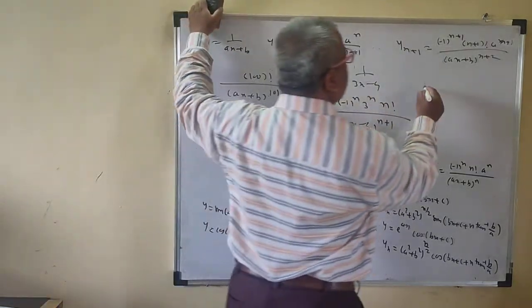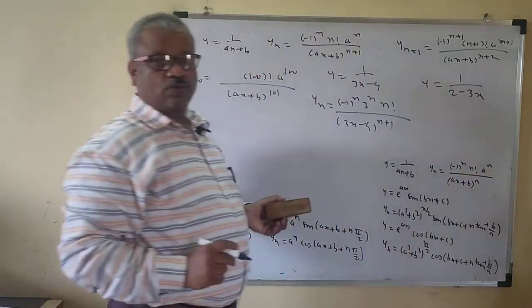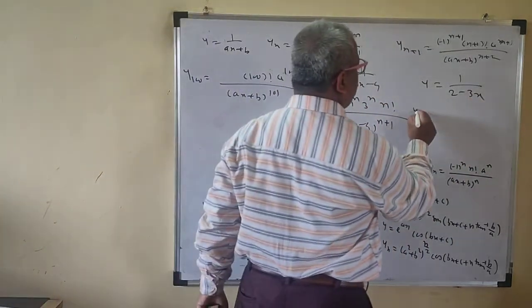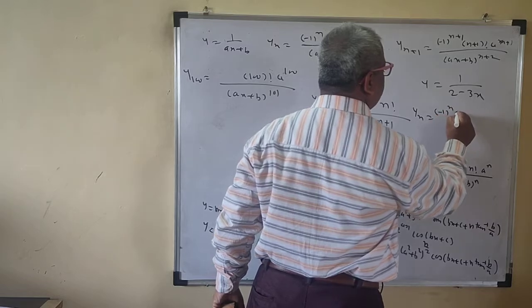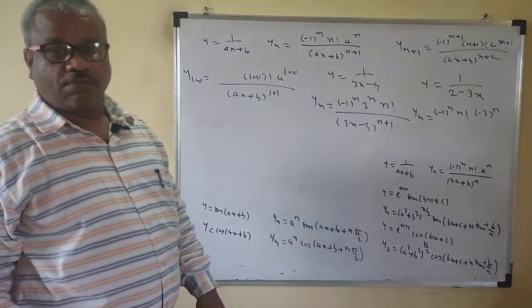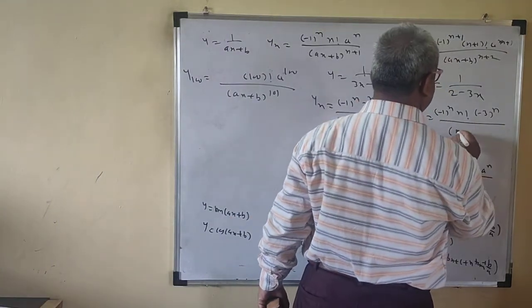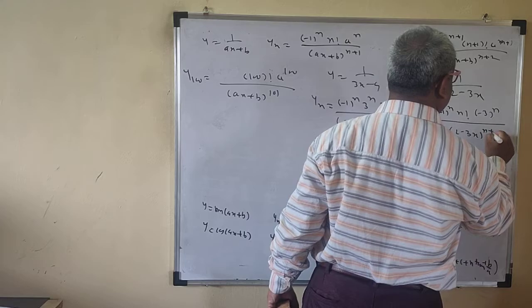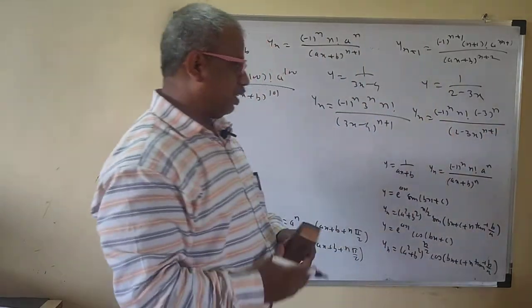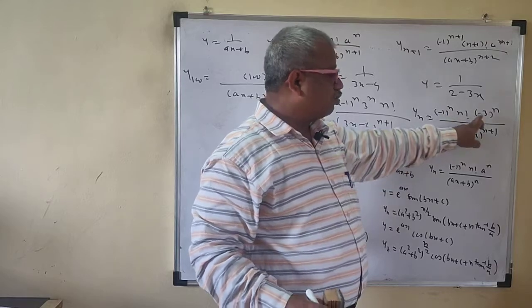Okay, if your y is equal to 1 upon 2 minus 3x, then yn is equal to minus 1 raised to n, n factorial, minus 3 raised to n upon 2 minus 3x to the power n plus 1. Okay, so this is minus 1 and minus 3, so this is minus 1 raised to n.